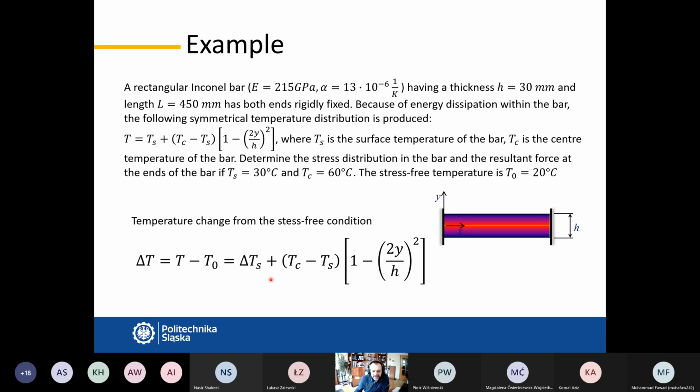the end temperature, let's say, and the distribution between surface and the center is Tc minus Ts, times 1 minus 2y over h, where y is measured from the center. Upward is positive y, downward is negative y.